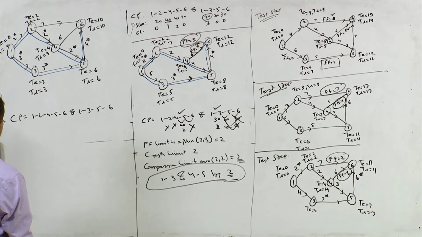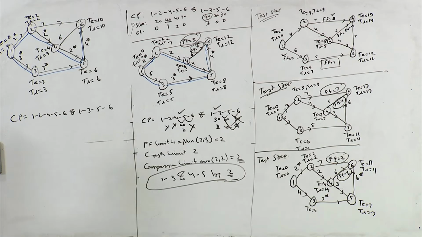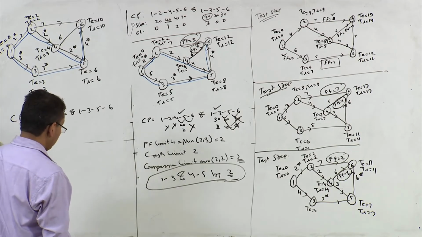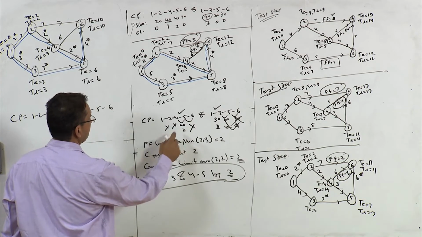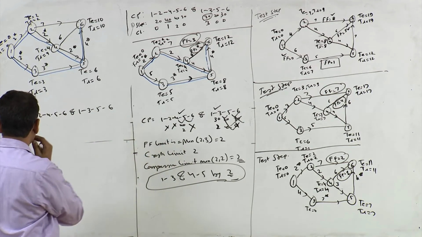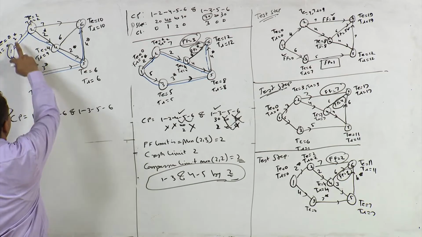Since you have got 2 critical paths, for 4 5, right? You have got 4 5. No, since you know these two are critical paths, right?